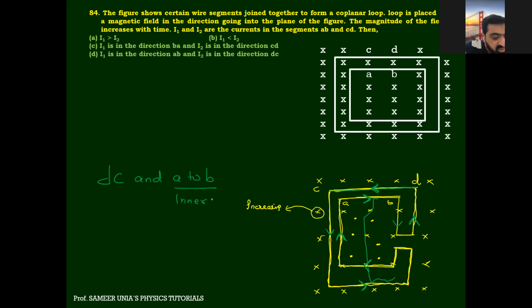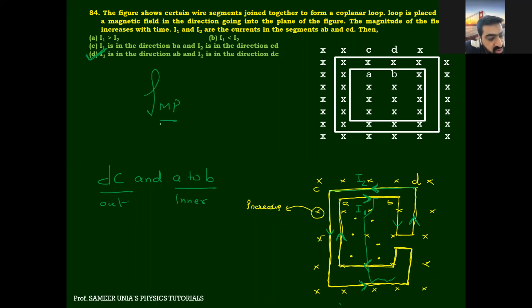The current is the same; it is not that this current is different and that current is different. It is one loop, one current, all in series. So I1 is in the direction of DC. No, is I1 the inner one? Sorry, this is I2 and this is I1. So I1 is going from A to B and I2 is going from D to C. This is important.